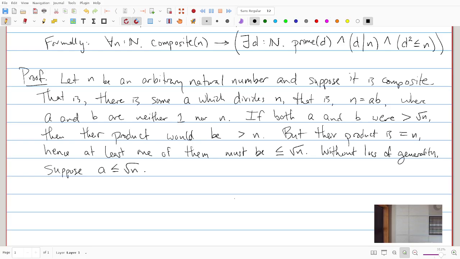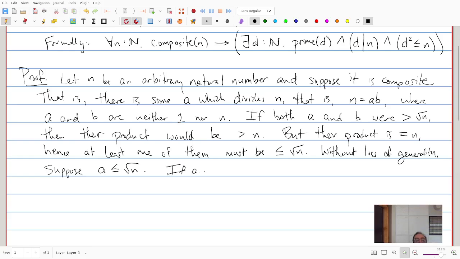And then the claim is, any one of its prime divisors would actually have all the right properties. Because A's divisors divide A, which divides n, hence all the divisors divide n. All its divisors are smaller than it, so they're definitely also less than the square root of n, and they're prime.